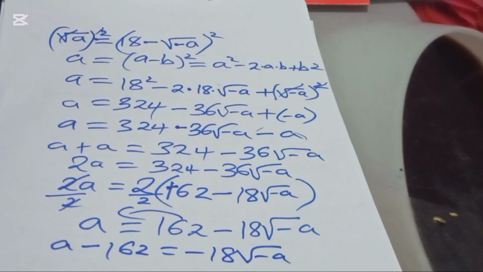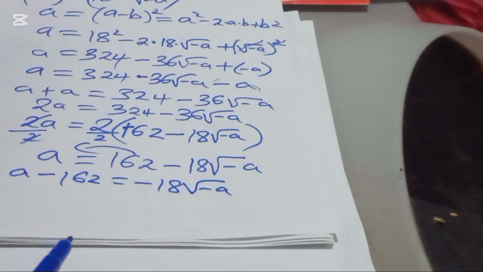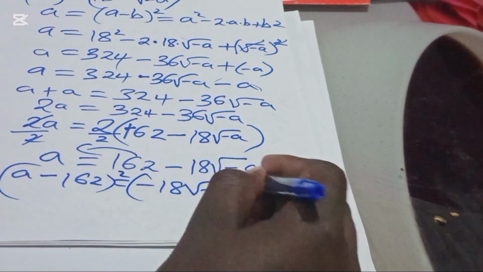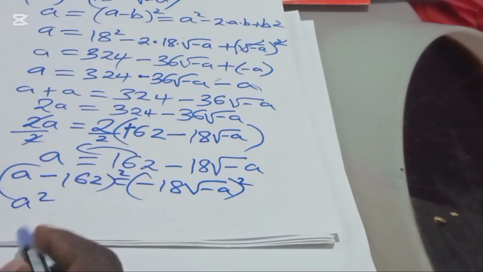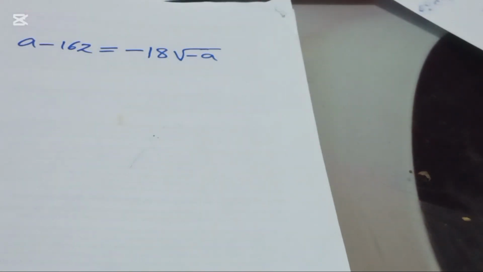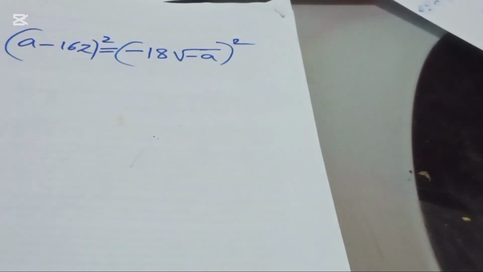For the value of a, we are going to square both sides. So a subtract 162, raised to power 2, is equal to negative 18 square root of negative a, squared.